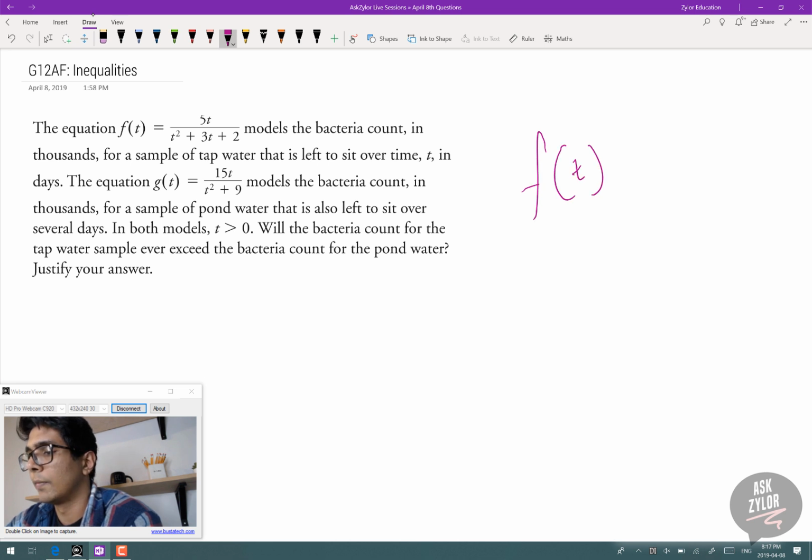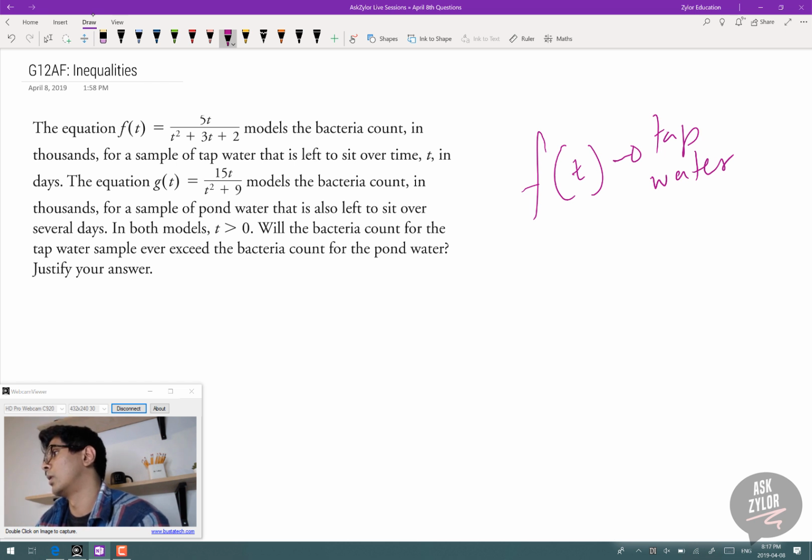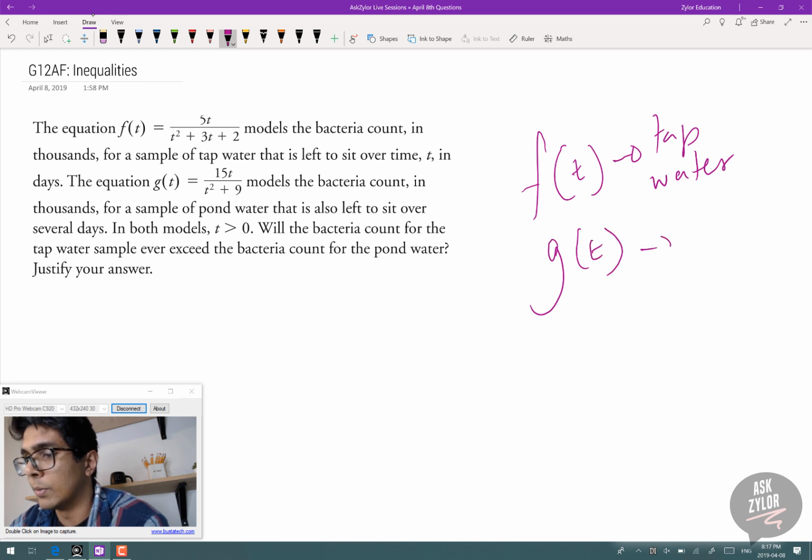So f of t is tap water, and then we have another function that's g of t, which models the bacterial count in thousands for a sample of pond water that is left to sit over several days.